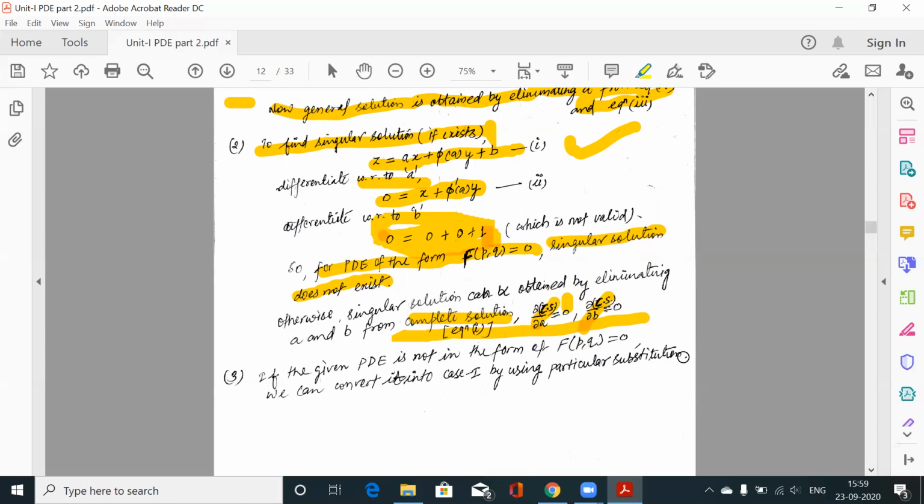By using some substitution, we can convert the PDE into the standard form 1, case 1. So we will see questions from this remark also, where the question is not directly in this form, but we can make the equation into this form by using some particular transformation.